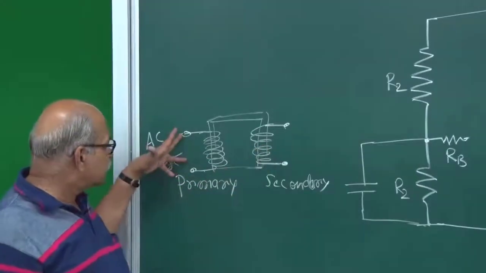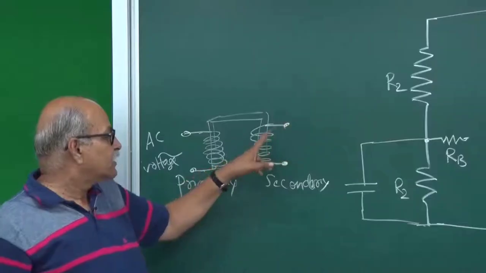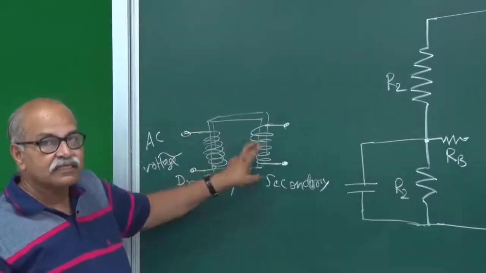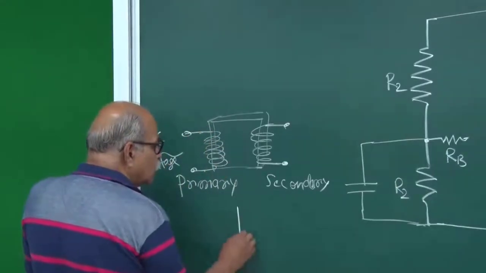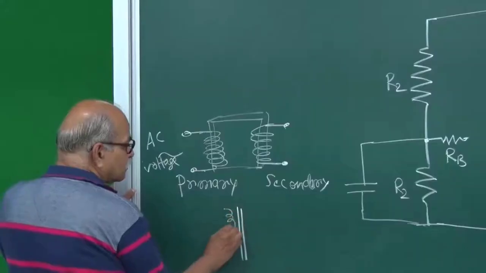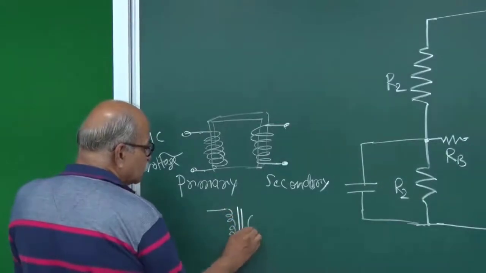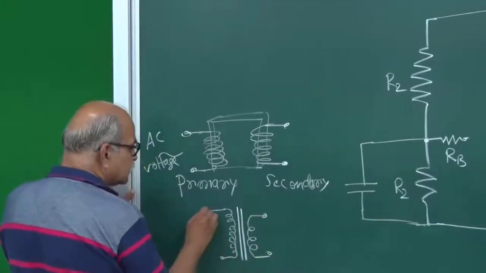How much voltage is here and how much voltage is here, that is determined by the number of turns here and number of turns here. And the symbol for this is, you draw two vertical lines, and then you draw the primary, you show the primary here and you show the secondary here. So this is the symbol.